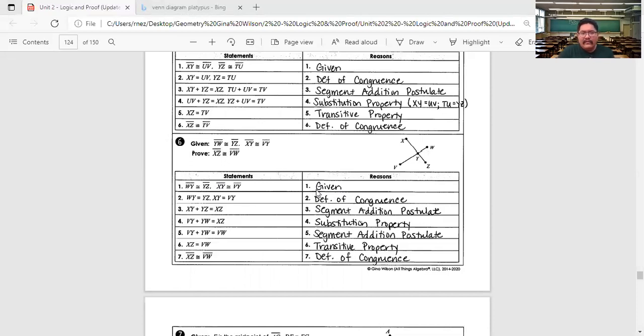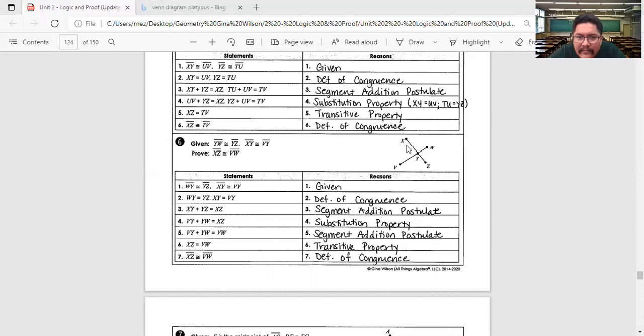Now take off those segment markers, and replace the congruent ones with equals. That way we can do math stuff with it, because you can't really use math stuff if you're using congruency. All right, so segment addition postulate.